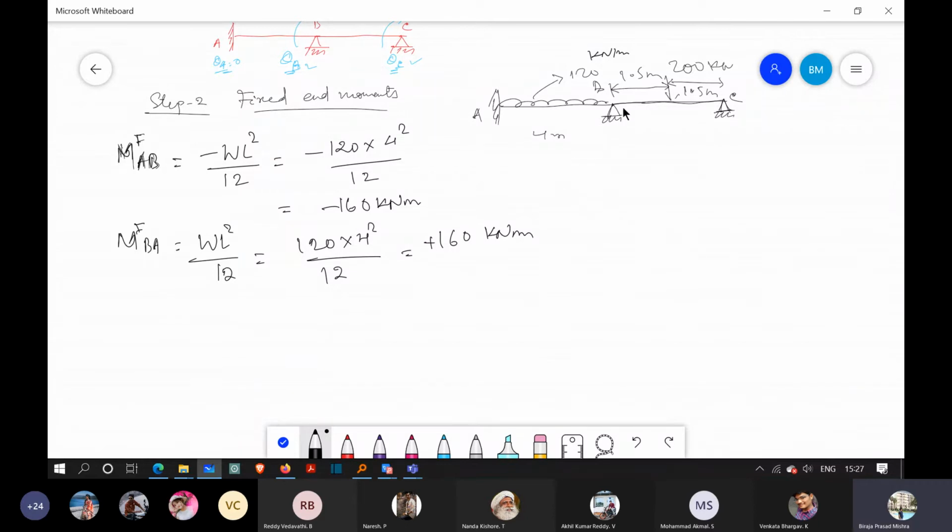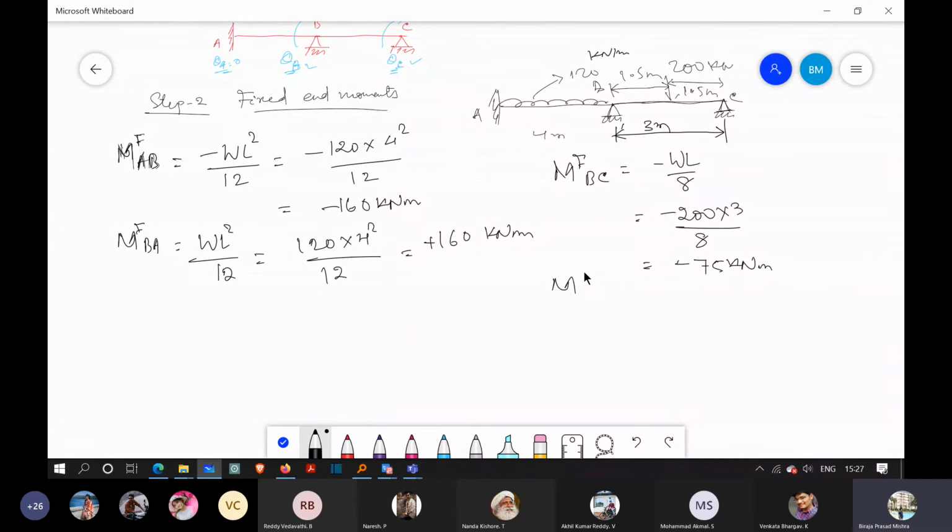Similarly, MFBC equals minus W L by 8. So it is minus 200 into L, the total length, which is 3 meters, divided by 8. That becomes minus 75 kilonewton meter.